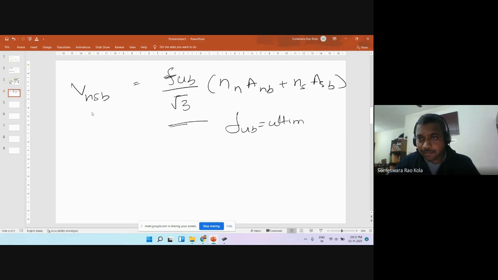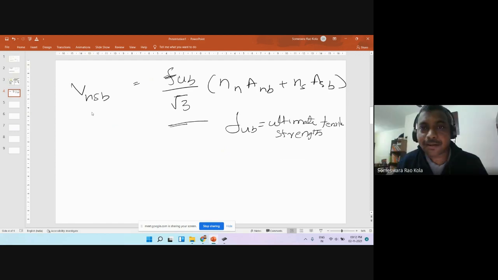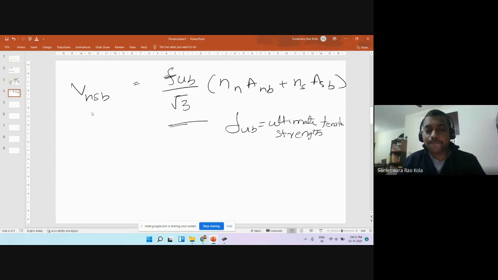Can someone tell me how you get the ultimate tensile strength? Just give a guess. Multiplied by the factor of safety? No. See, ultimate tensile strength is the highest point on the stress strain diagram.